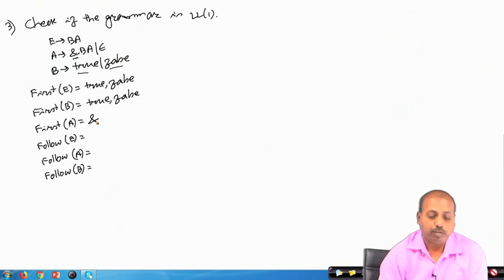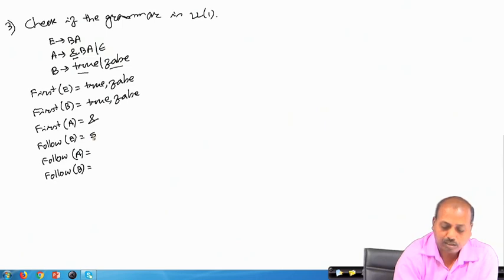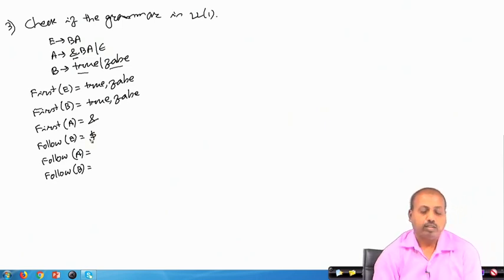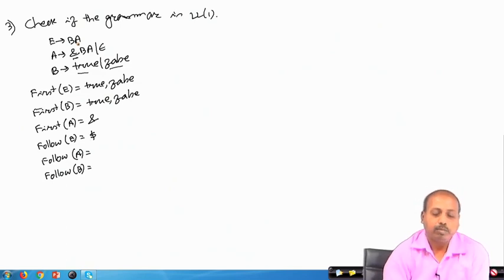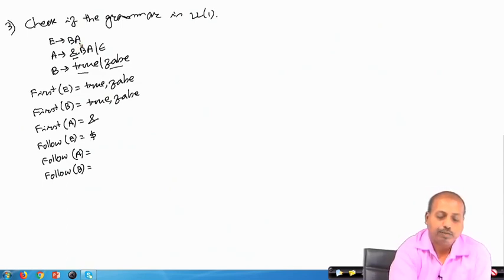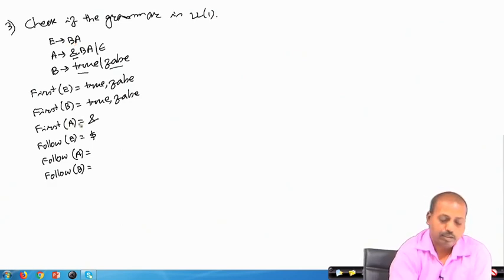Now, what about the follow set? Follow of E, since E is the start symbol of the grammar, dollar is definitely there in the follow set. Now, I have got this E producing B A, that means whatever is in first of A will be in follow of B. So, first of A has got ampersand.